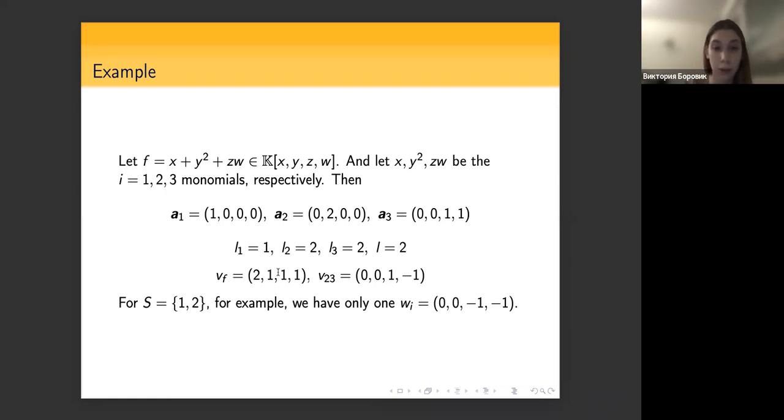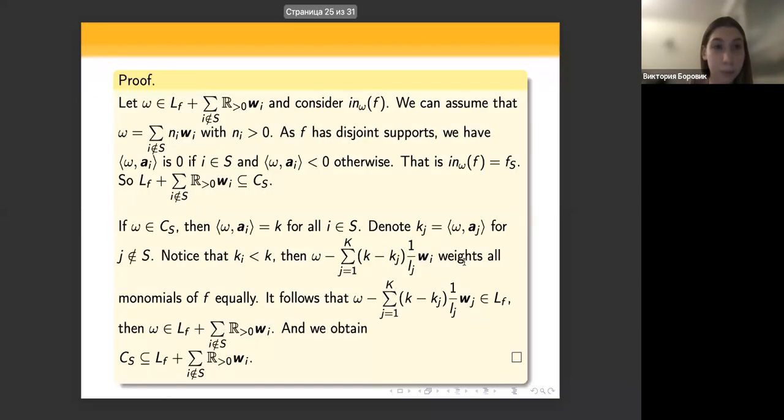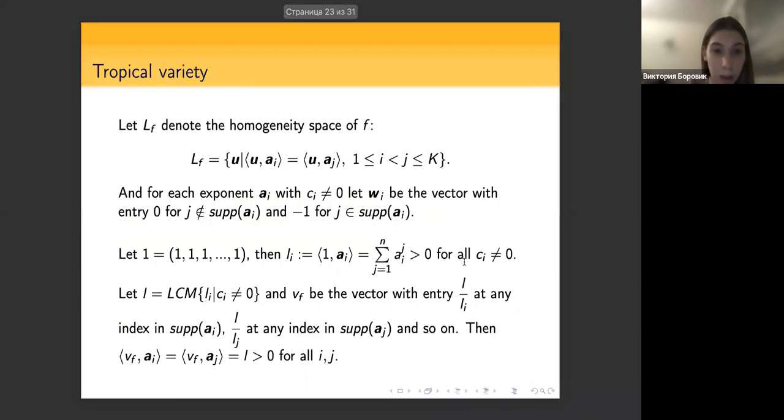And also, the two other coordinates are the support of our exponent A3, so we will place L divided by L3 here, 1 and 1. Yulia, is it clear? So, okay, we'll return to the slide. This vector is in the homogeneity space of the polynomial.